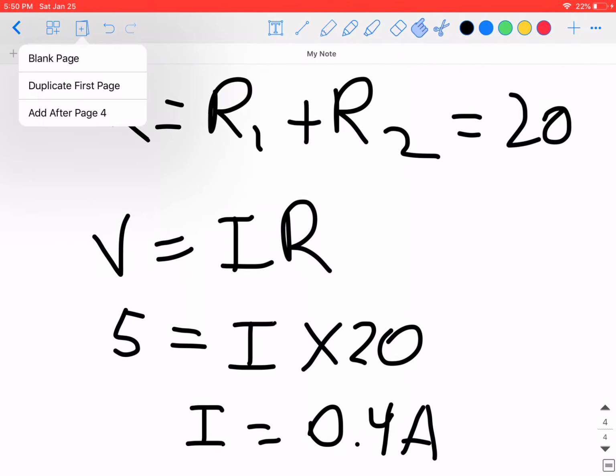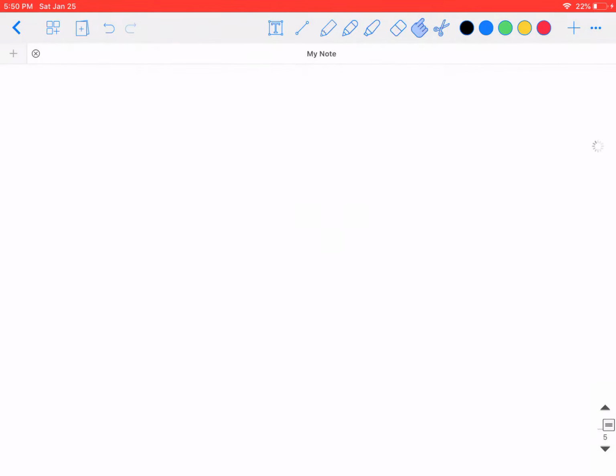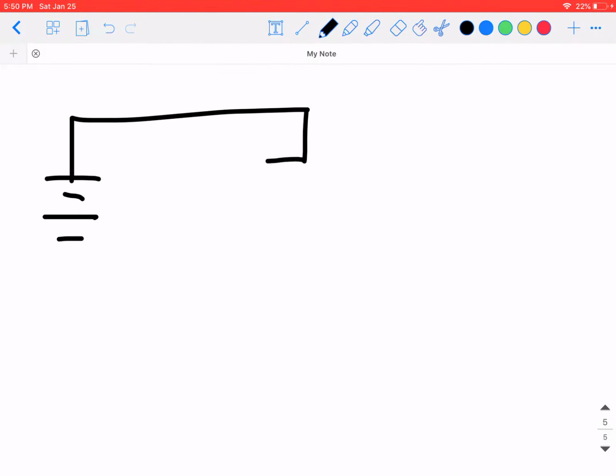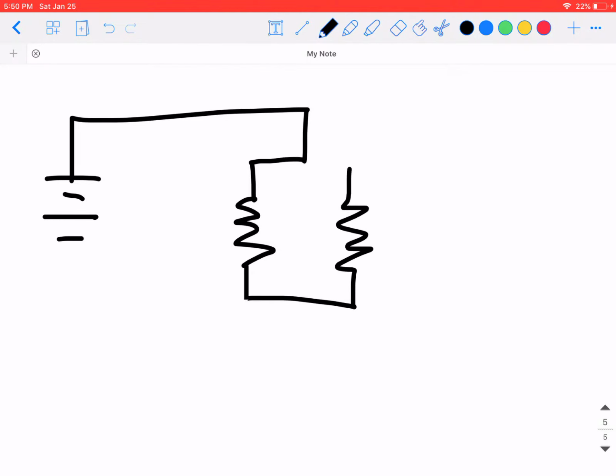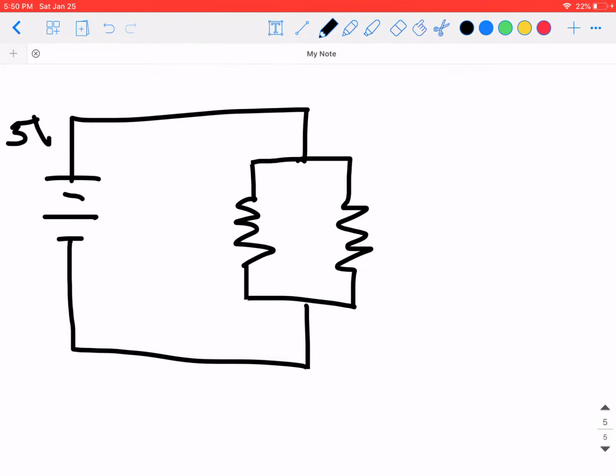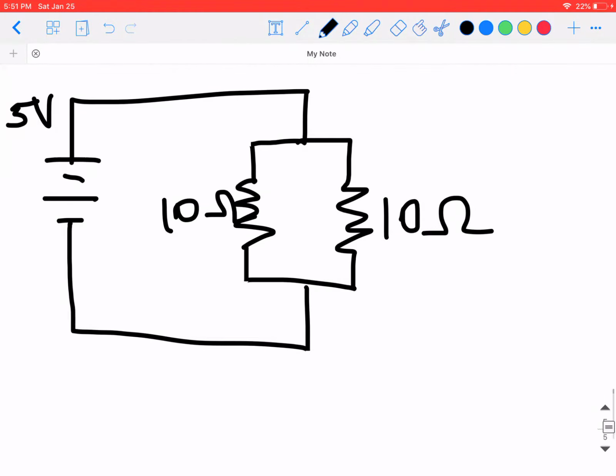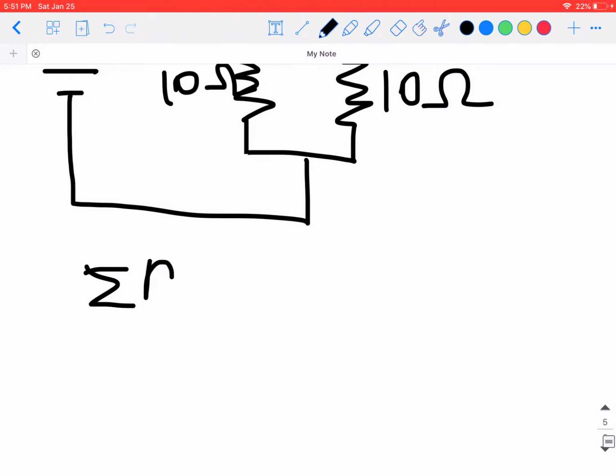Bear with me here. Alright, so when solving this next circuit, let's call them in parallel, right? When you have resistors that branch off like this, you have to use a reciprocal formula, and I'll just show you what that is. Let's say that these are still 10 ohms. When solving a circuit like this, the net resistance is equal to 1 over the sum of the individual reciprocals.